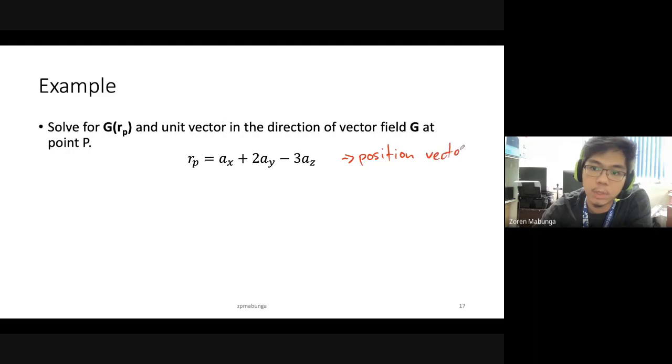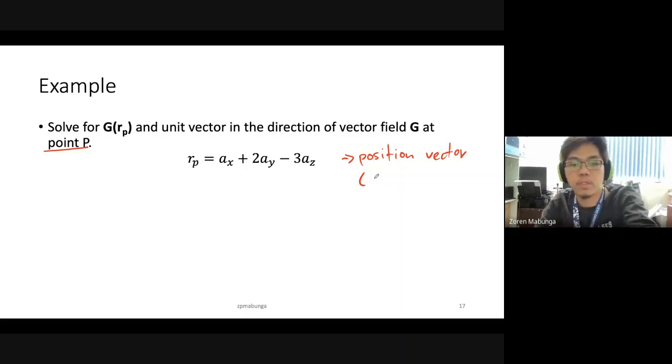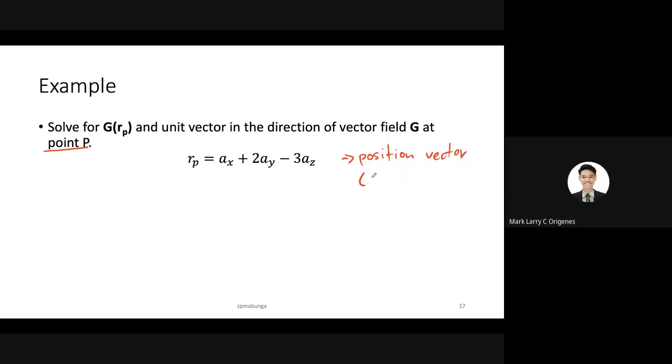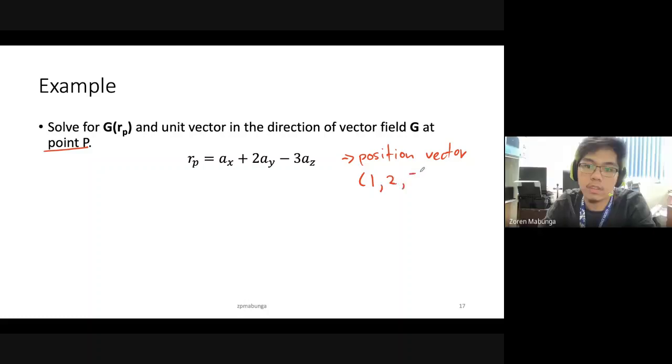Itong position vector, pwede mong makuha dito yung point P. Tama? Ano yung magiging point P natin? Yeah, 1, 2, negative 3. Okay, so that will be your point P.